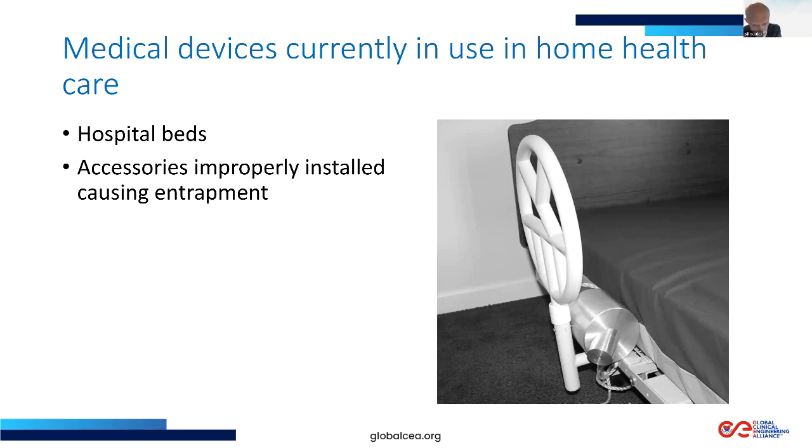In this case, the halo ring was installed not according to manufacturer's recommendations. You can see there's a large gap between the mattress and the supporting arm of the halo ring, and that cylindrical object located between those two is a test device used to measure the gaps around a hospital bed mattress that could be large enough for entrapment.